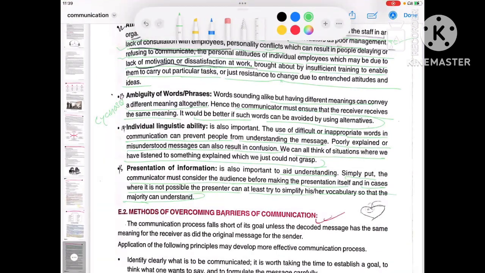Vocabulary, the way of speaking, that's one. If they are speaking and others are not understanding, the communication won't be effective. The receiver should understand and give the decoding feedback to the sender. So these are all the barriers we have seen here.